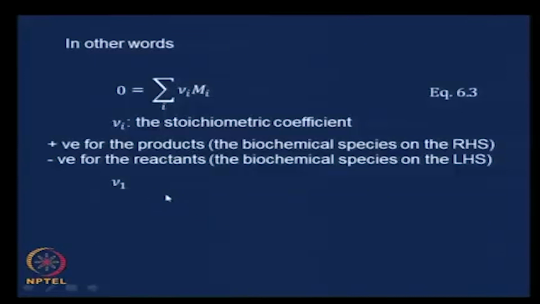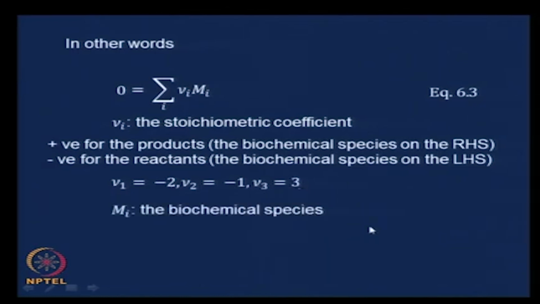If you had followed the reasoning that we presented earlier, you can easily see that mu1 was the coefficient of A, minus 2, mu2 the coefficient of B, minus 1, and mu3 the coefficient of C, 3, and Mi is the various biochemical species A, B or C in this particular example.